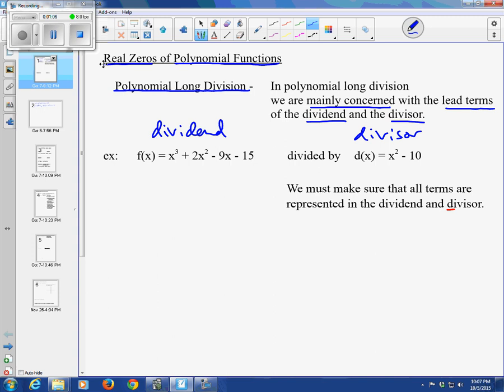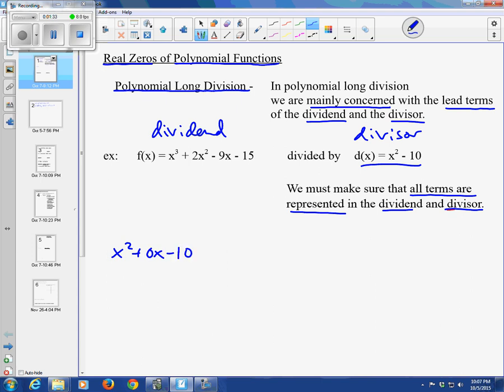So when we set up polynomial long division, basically we are going to set it up just like regular long division. One thing that we want to make sure of, though, is that all terms are represented in the dividend and the divisor. So right here we can see that our divisor, x squared minus 10, is missing the linear term. So when we set up our polynomial long division, we're going to say this is x squared plus a 0x minus 10.